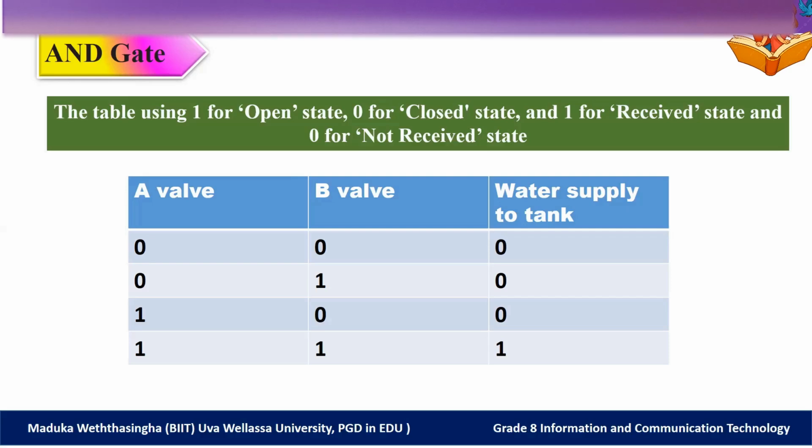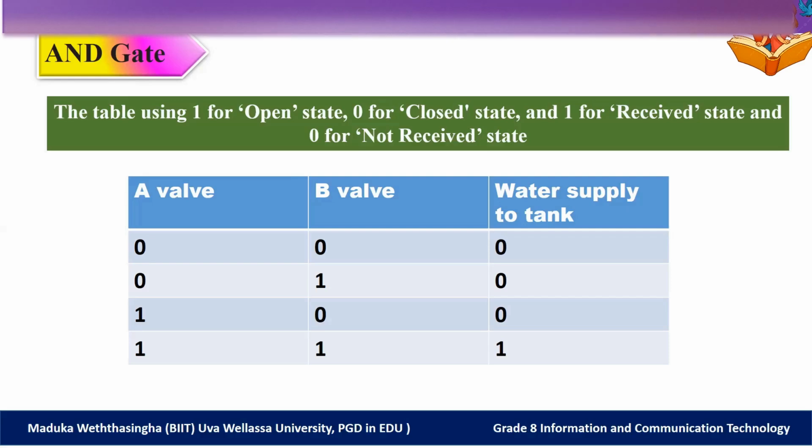Right? You can highlight that if both inputs are true, output is true. That is the logic in the AND gate.